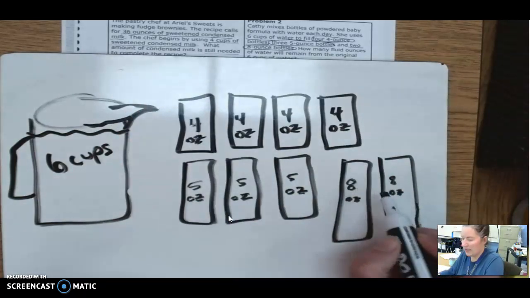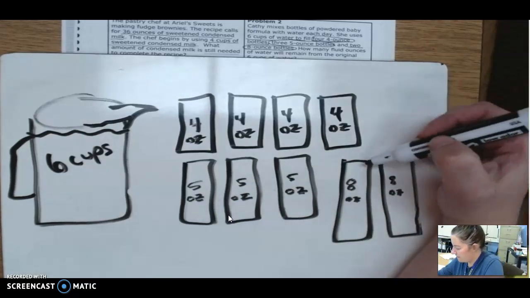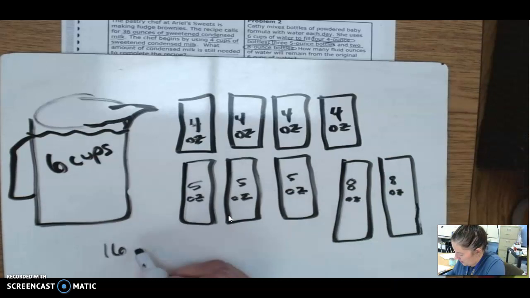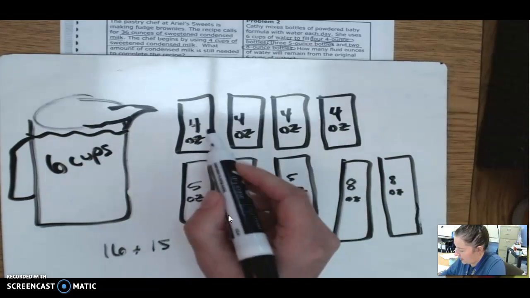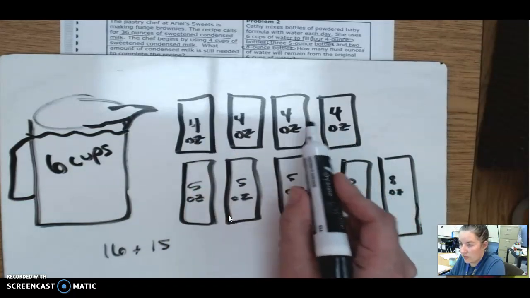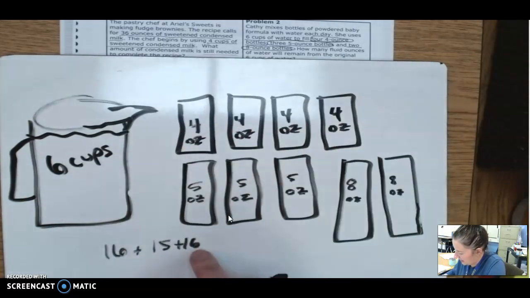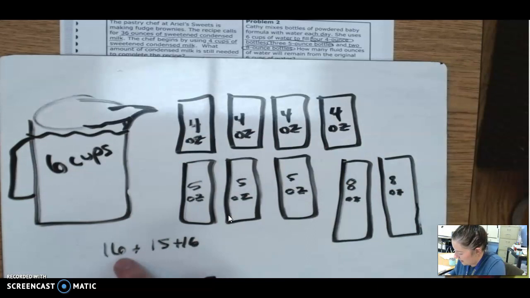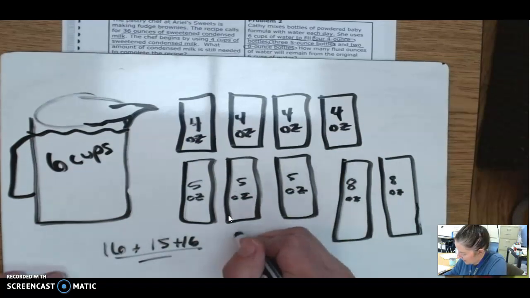Okay, let's see if we can do it mentally. 8 and 8 is 16. So I'm going to write this down. Plus 5, 10, 15 for my 5s. 4 times 4 is how much? 16. So right, 4, 4, 4, 4, 16, 15, 16. So I need to add 16 plus 16 plus 15.